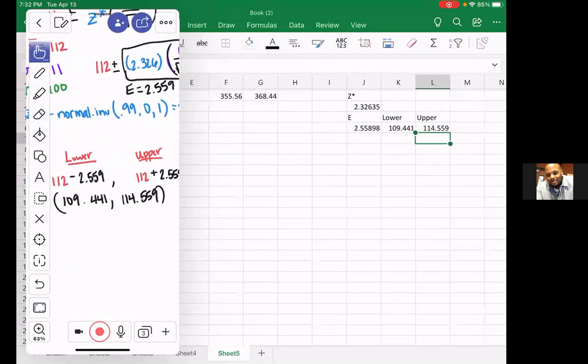There you go. 109.441 to 114.559. Which way is quicker? Probably using Excel is much quicker, right? But make sure you know how to calculate an actual critical value. But the by hand calculation is not bad once you get the critical value, all right?